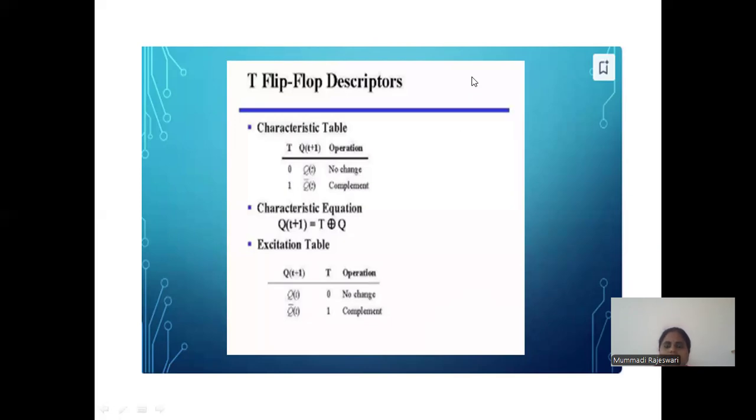These are the four types of flip-flops, their excitation tables, and also characteristic tables.